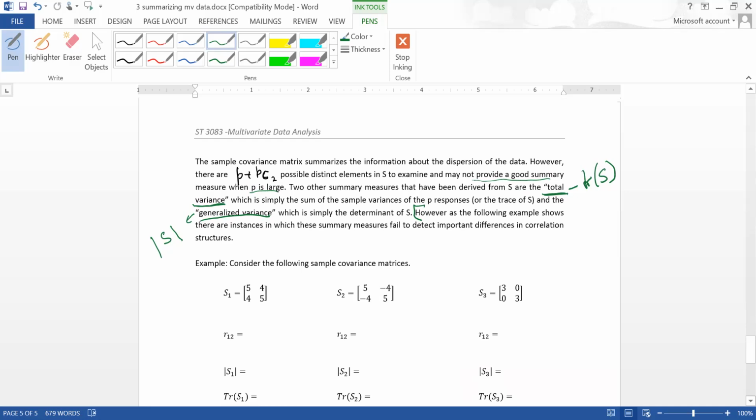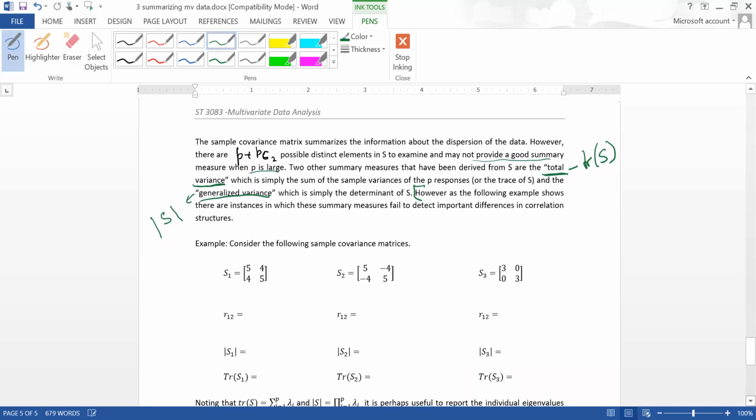The covariance structure and correlation structure of the data are also important, because if there are no significant correlations between our responses, why bother with these multivariate techniques? We can separately analyze the responses using univariate methods. So the correlation structure of the data is an important thing in multivariate data.